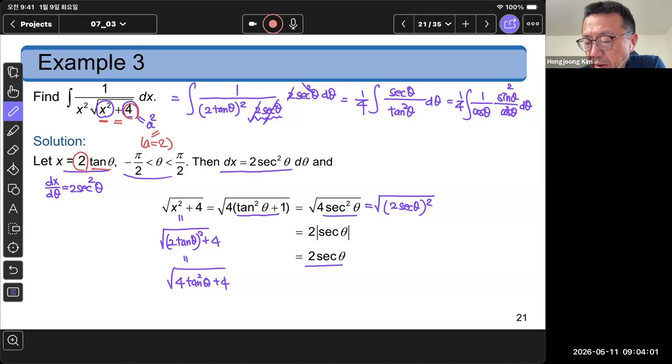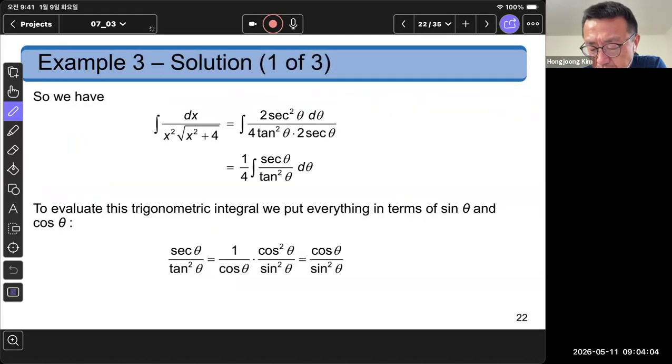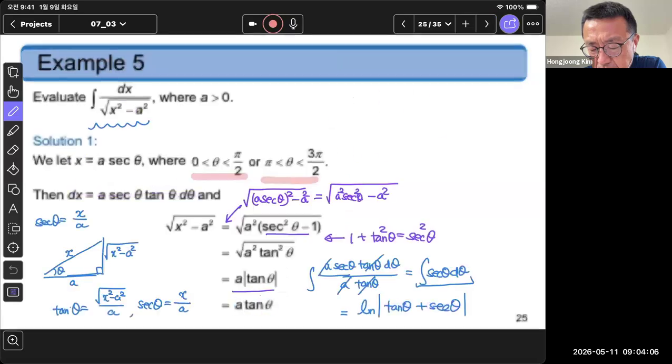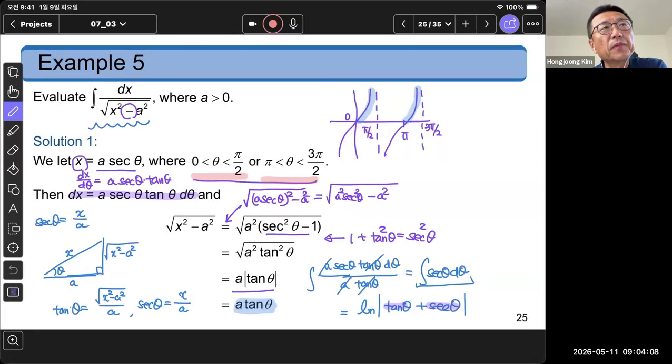And then in example 5, we see x squared minus a squared inside the square root. So x will in this case be replaced by a secant theta.